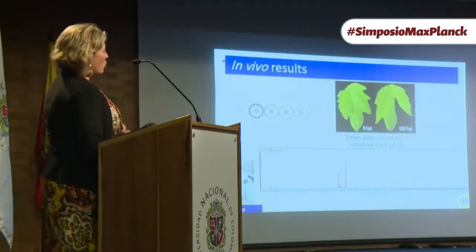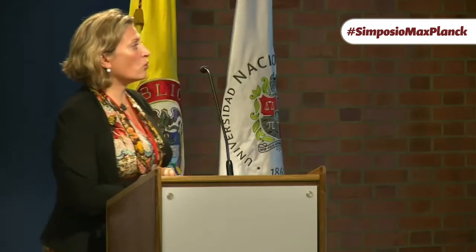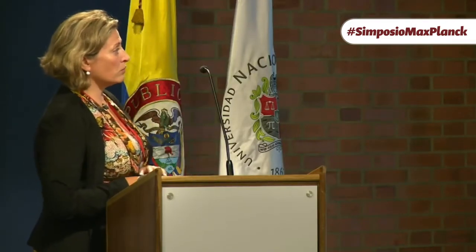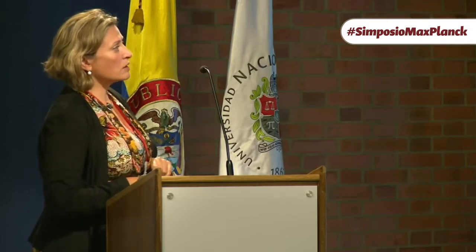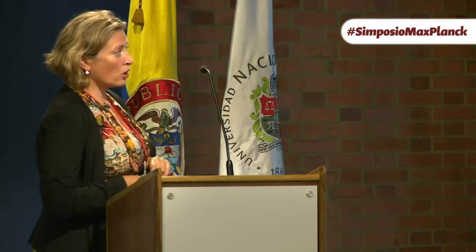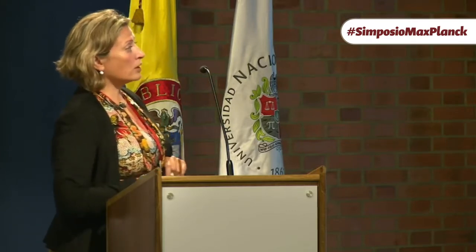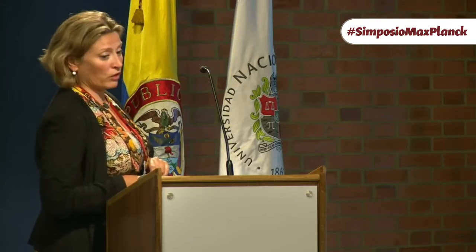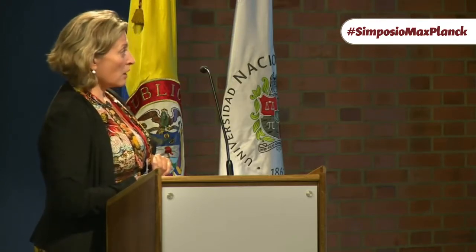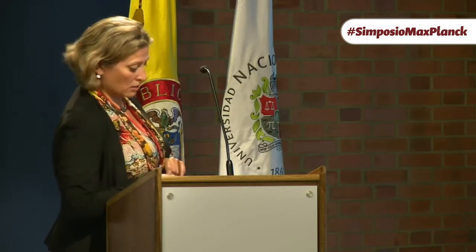Unfortunately, the results in vivo, from the plant in vivo, didn't really show any difference again in the chromatograms. The plant was not infected at all or didn't show any sign of the disease even after 192 hours post-infection, whereas it should actually look like that, the leaf.